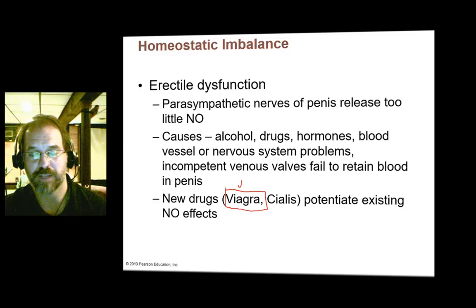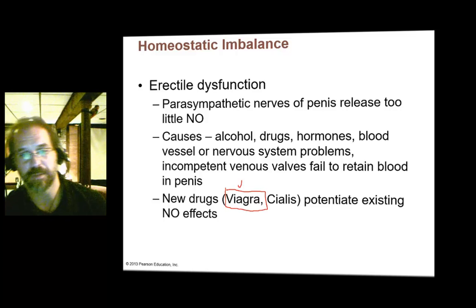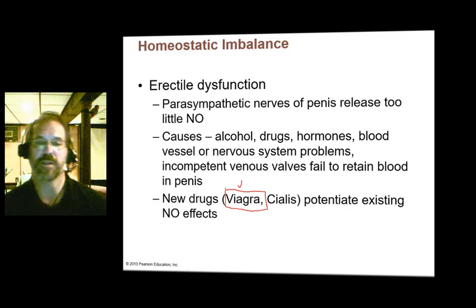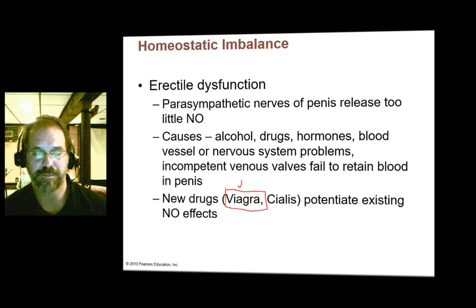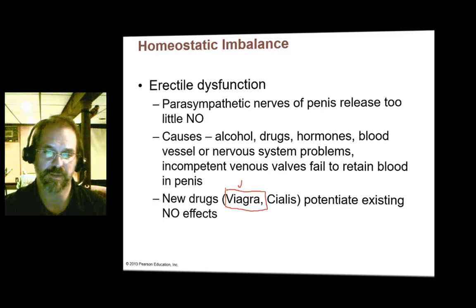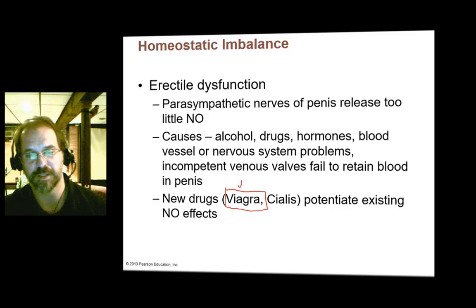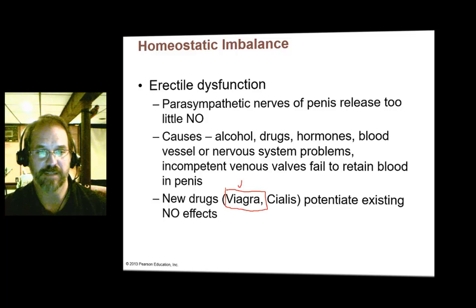Stress, depression, things of that nature will actually affect the autonomic nervous system and maybe prevent the reaction that winds up getting an erection. Or there may actually be a mechanical issue with the penis and the blood flow. There may be constriction of the penile arteries, damage in the penile veins, in particular with the valves. If they fail to retain the blood, then you won't be able to cause the blood to back up into the erectile tissues.